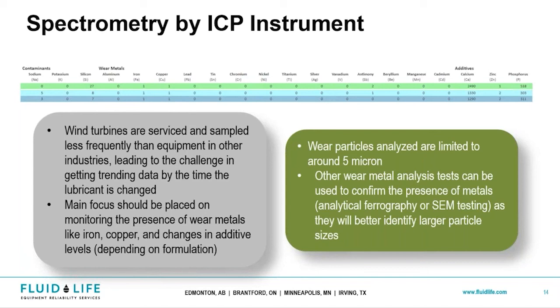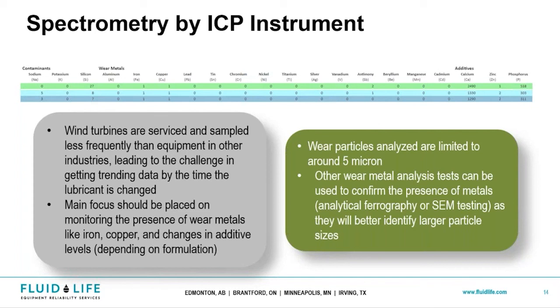To put that to scale, 40 to 50 microns is what the human eye can visibly see. That's like a hair follicle, right? So you're talking infinitely smaller size, things that will pass through a filter maybe, but it's not necessarily going to catch the large size wear.